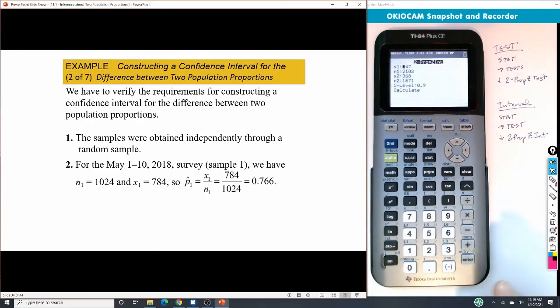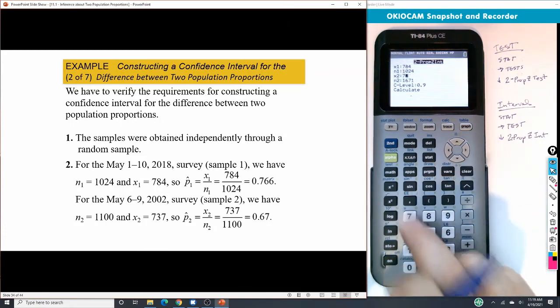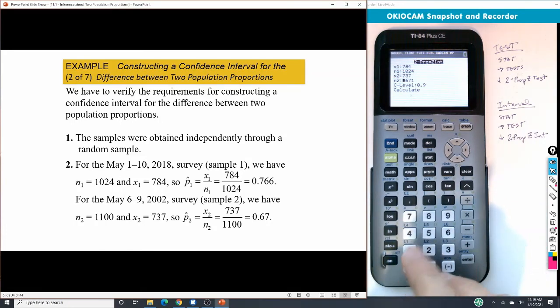Okay, so that's B on my calculator. All right, so we want to put in that information. So our first X1 and N1 was 784 and 1024. Okay, and then our X2, N2, 737 and 1100. And we wanted a 90%, so 0.9. We calculate there for those.